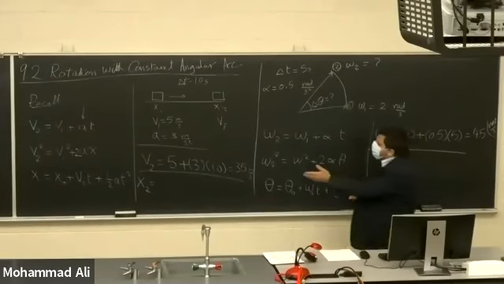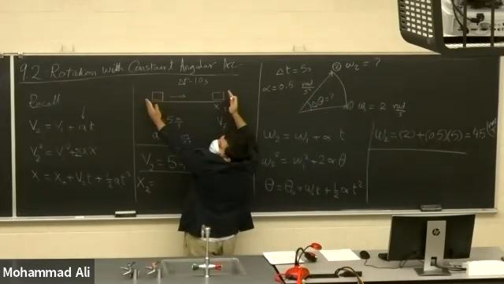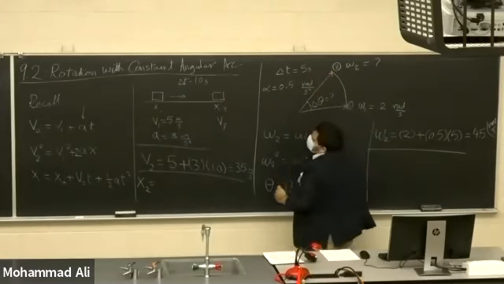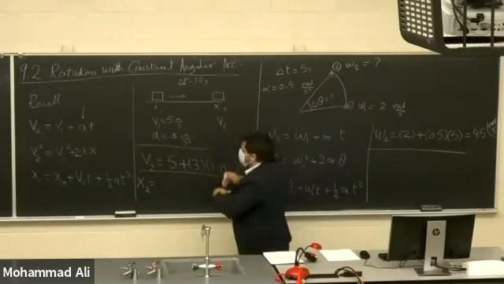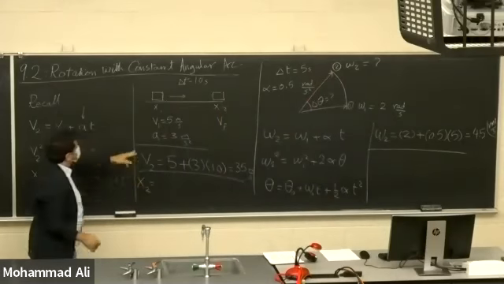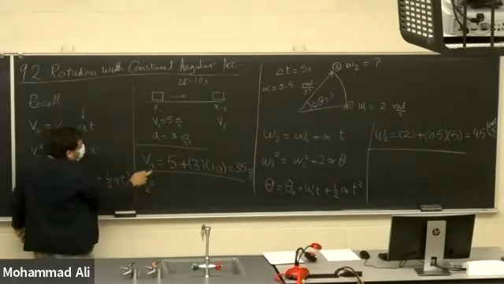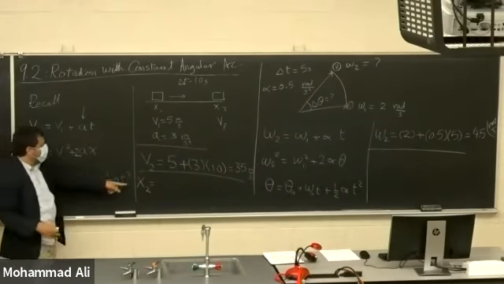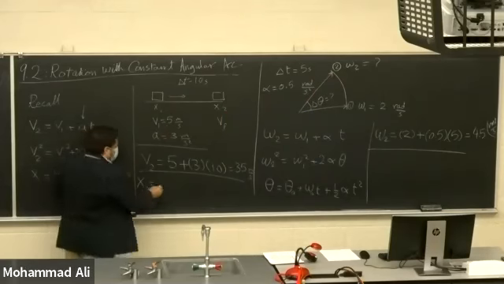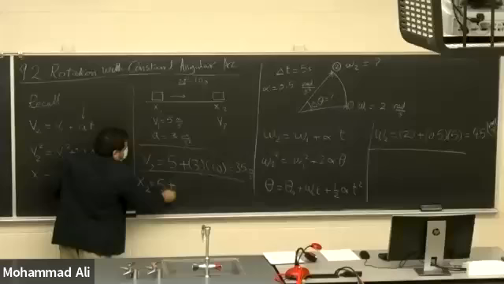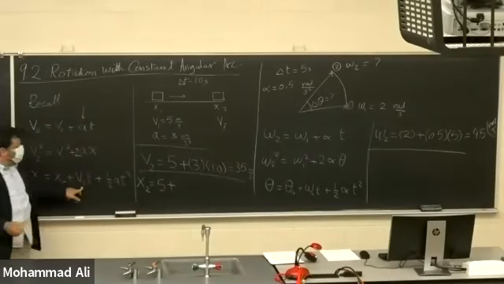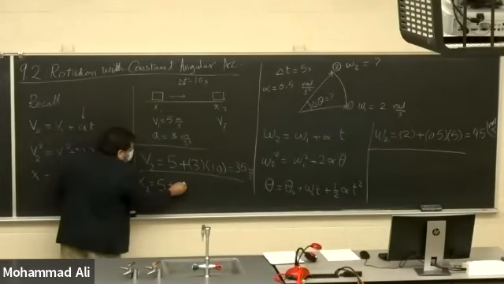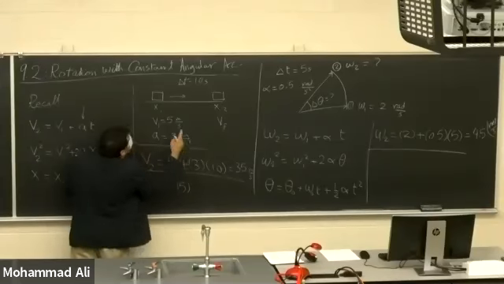Also, what about the change in position and the change in angular position? We have angular and linear. X2 is equal to x1, as given in the formula. X1 or x0 is fine. Plus V initially multiplied by T. V initially is 5 and the time is 10.